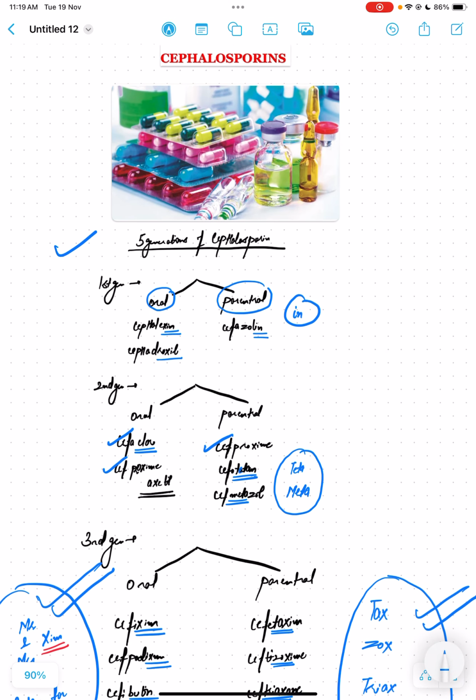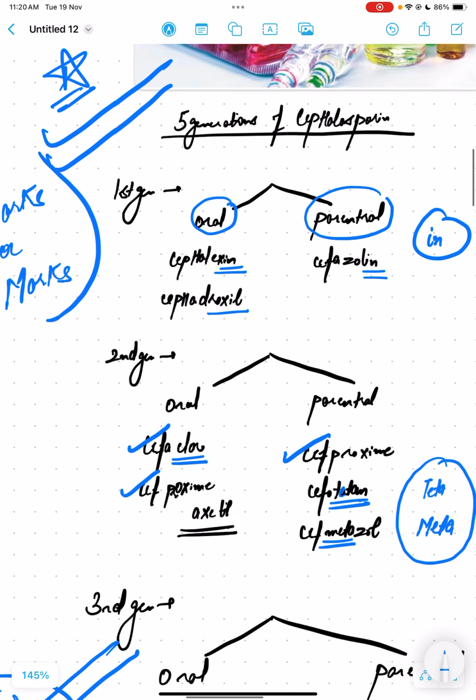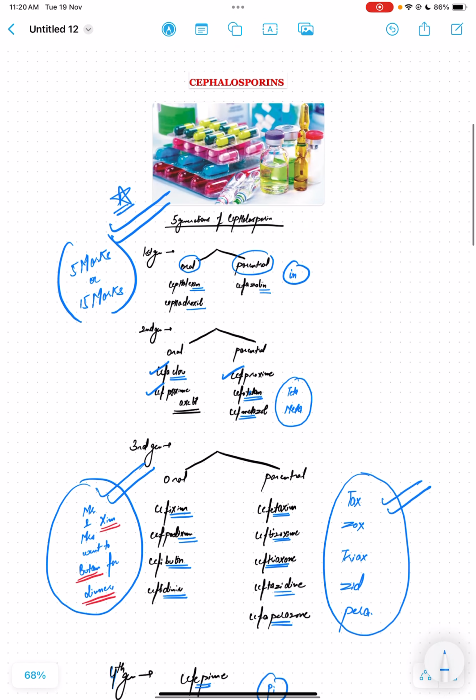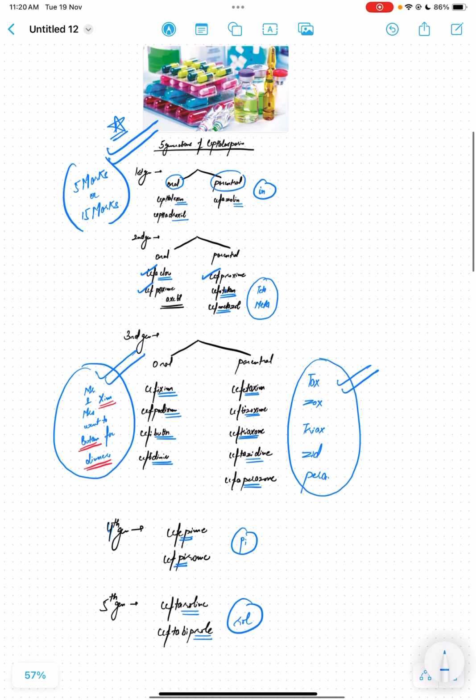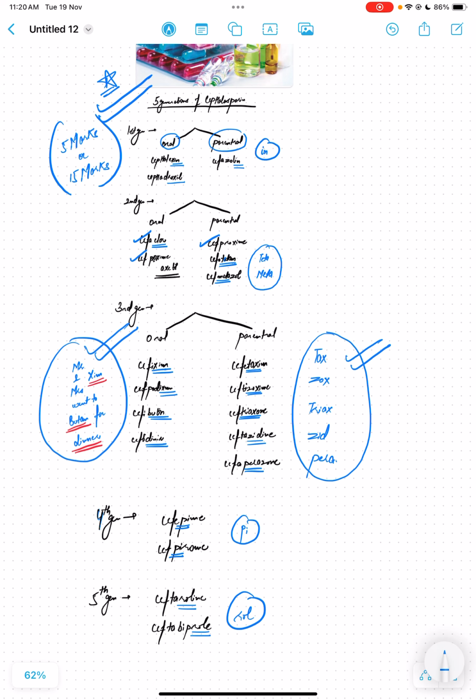This is a very important classification. It comes even for 5 marks or for 15 marks as a long note involving various other drugs. So you have to remember this cephalosporin classification very carefully, or the examiner can ask you this classification even in viva.